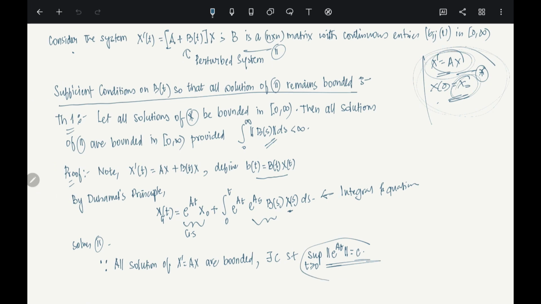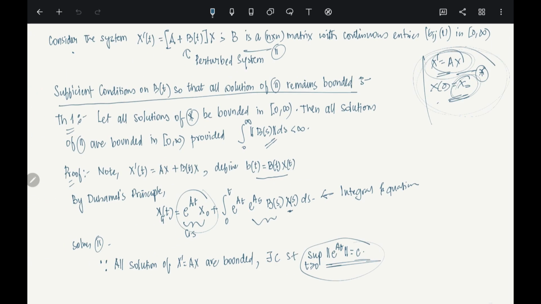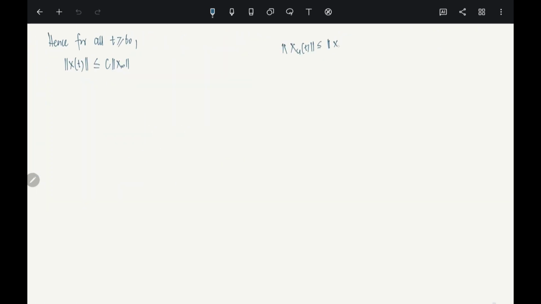See, the supremum is C. So this particular term x_g of t, if you take the norm, will be dominated by the norm of e to the power At times x naught, plus the norm of the integral term. This is the triangle inequality. Now this is again dominated by the norm of x naught times the norm of e to the power At.